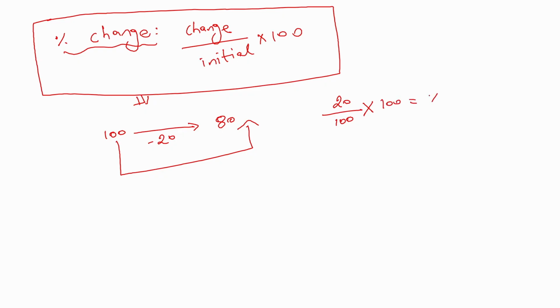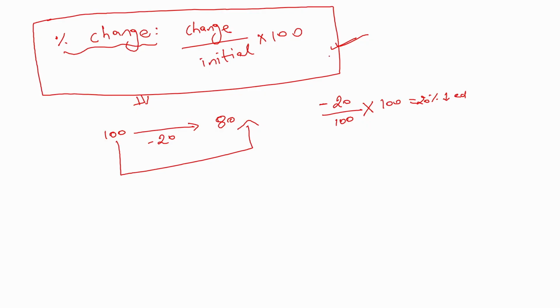So the percentage change is 20%, that is a decrease. So the percentage change can be defined as the change in a physical quantity over a period of time, upon its initial value, multiplied with 100. So this is what percentage change is.